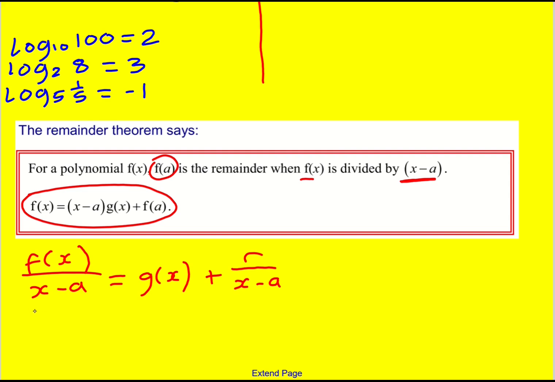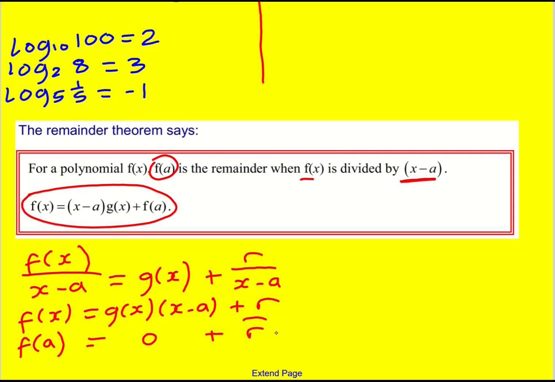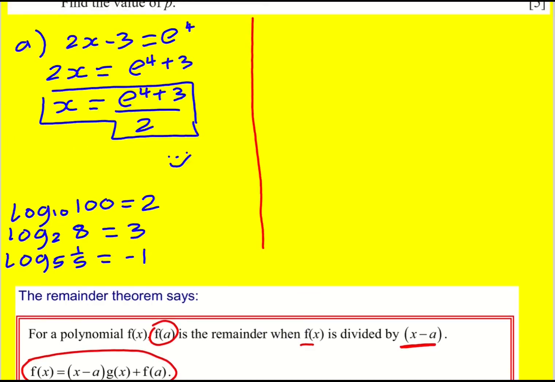So if I multiply through by x minus a, I get f of x is g of x times x minus a, plus r. But we can see if I put a into the formula, then I'm going to get 0 for this term, and then the remainder. And that's a little proof, really, that the remainder is just f of a.